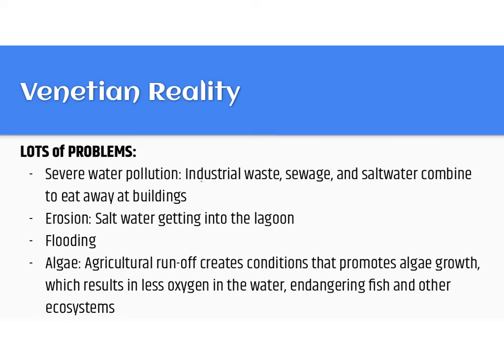Salt water and industrial waste, the chemicals and such, are very, very corrosive. And so the wood that's underwater, any of the stone or steel that's underwater, is just going to start to get rusted and eaten away by these corrosive materials that are finding their way into the water.